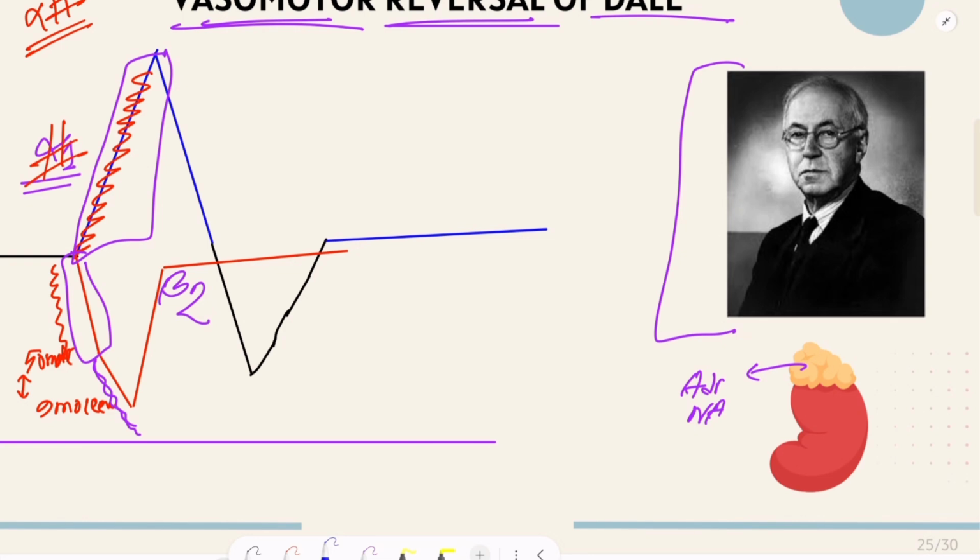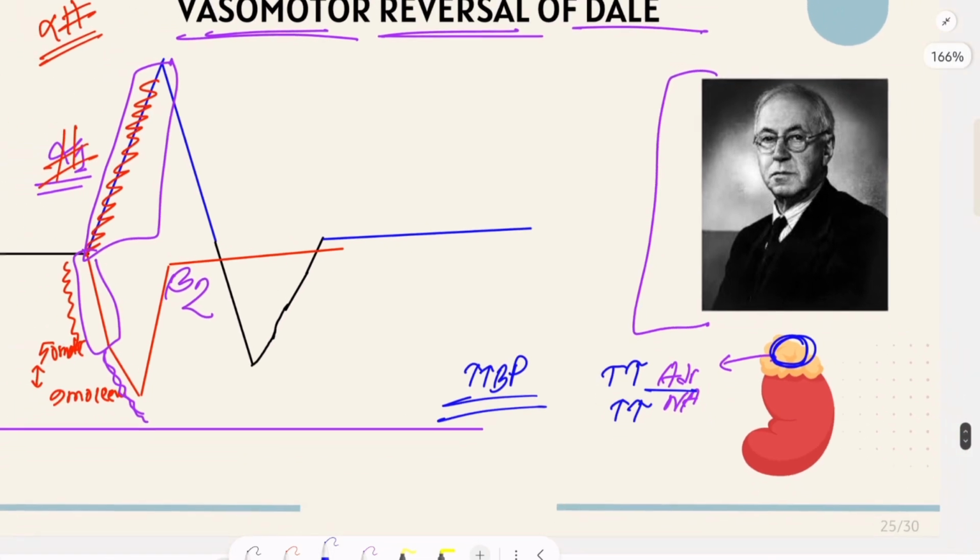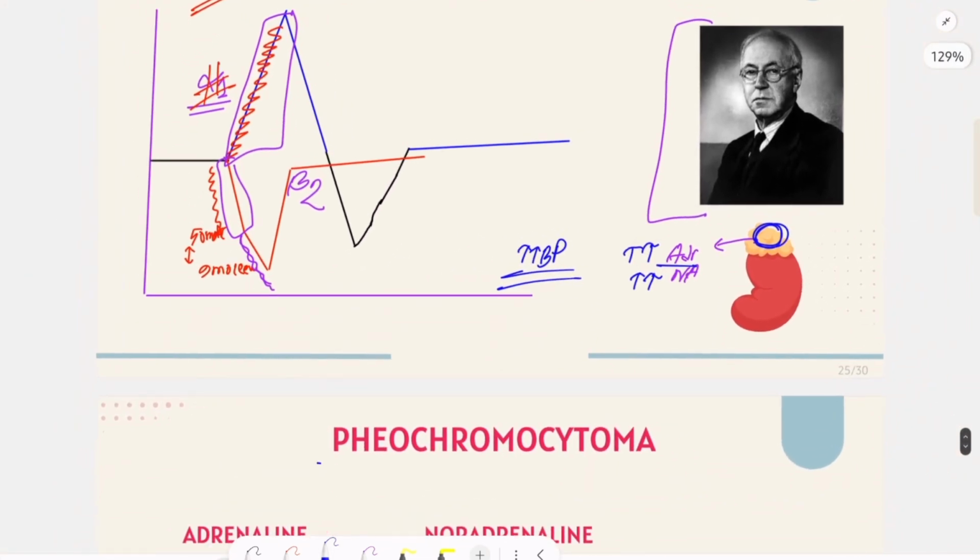Normally this is well regulated, but when there is a tumor in the adrenal gland, it can secrete excessive amounts of adrenaline or noradrenaline, and both of them are sympathetic components. So an increased amount of sympathetic components will lead to an increase in blood pressure, and this condition is known as pheochromocytoma.